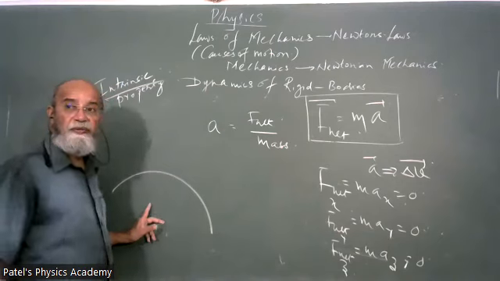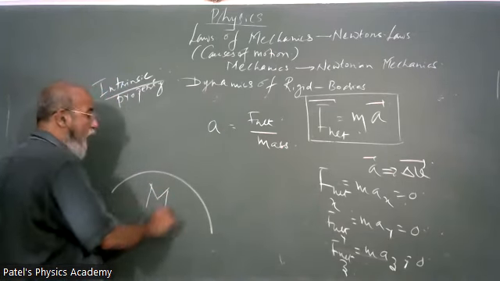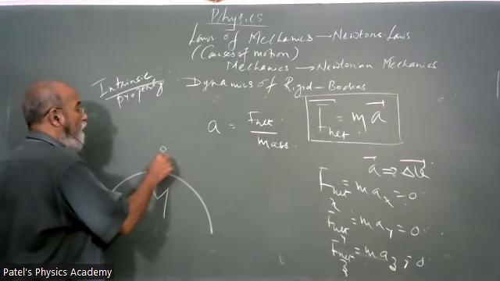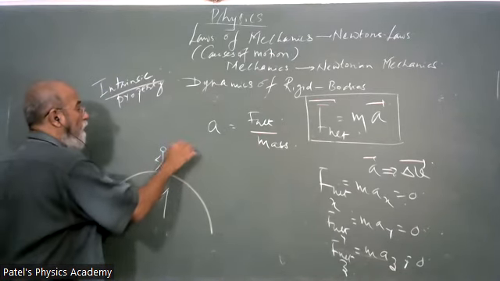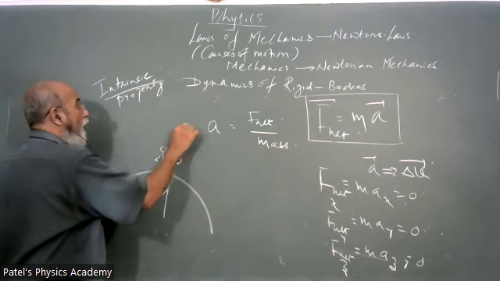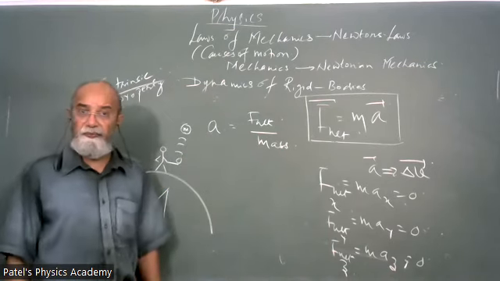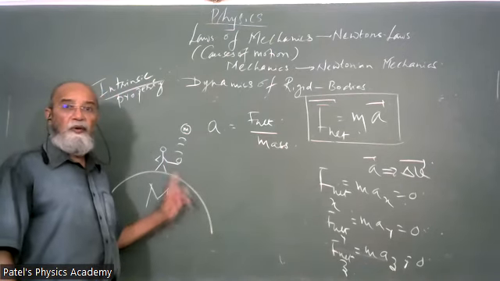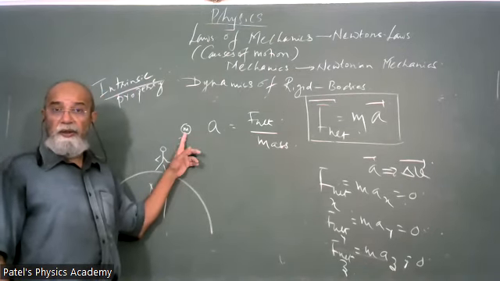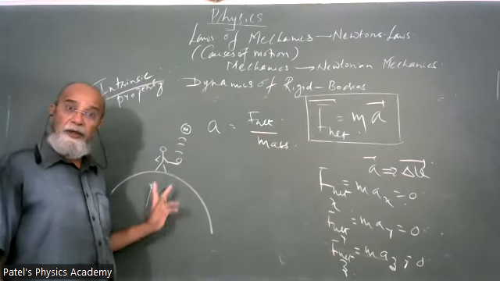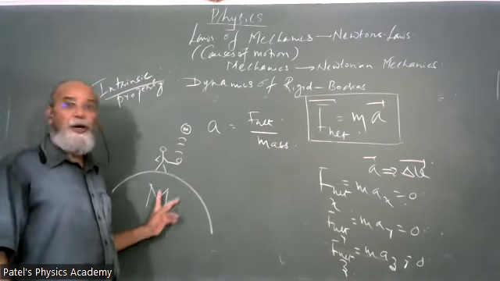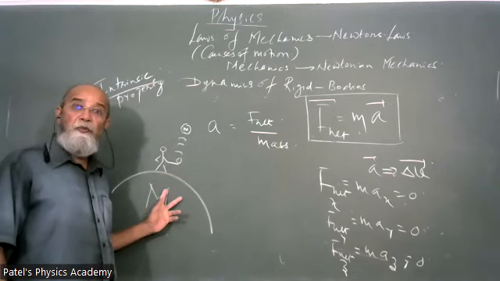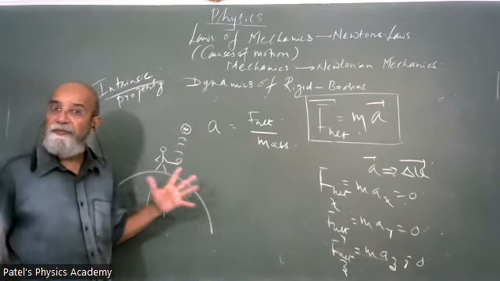This is the Earth. It has a huge mass. And this ball has a small mass. When this ball is attracting the Earth, and the Earth is also attracting the ball, both of them are moving towards each other.